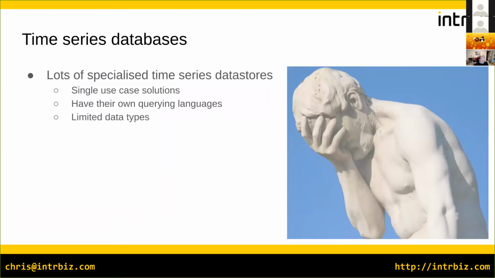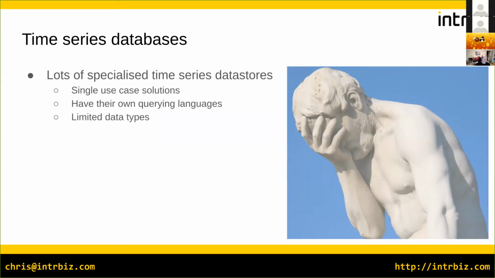Often when we look at IoT systems, it's really about what we call time series data. We're collecting data that's serialized in order of time, and we're quite often interested in that data point at a particular point in time.